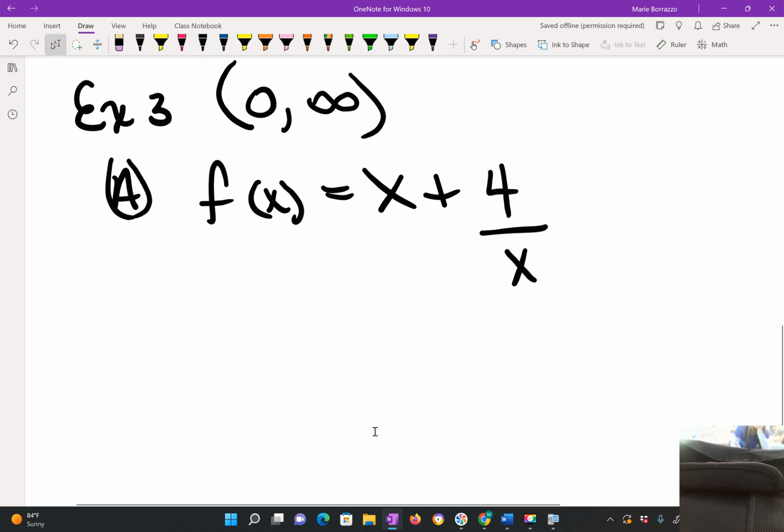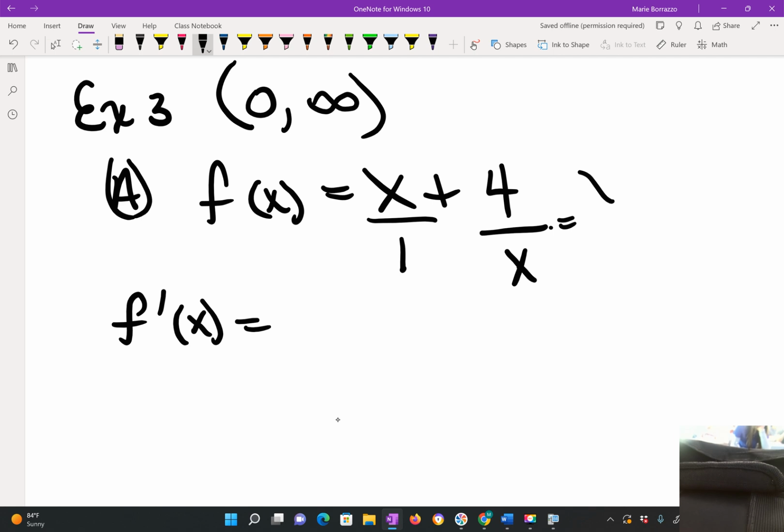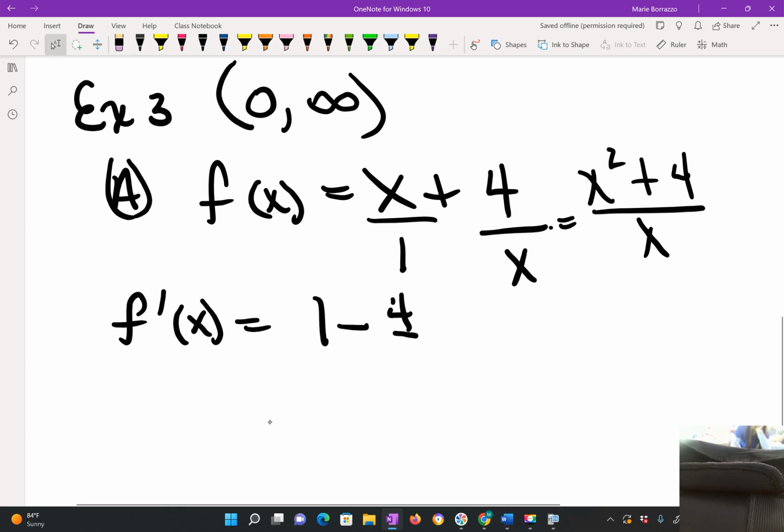And so if I find the first derivative of this equation, remember you bring the x up, unless you want to do the change of base for the denominator, because remember this is over 1. In this case our first derivative becomes 1 minus 4 over x squared.